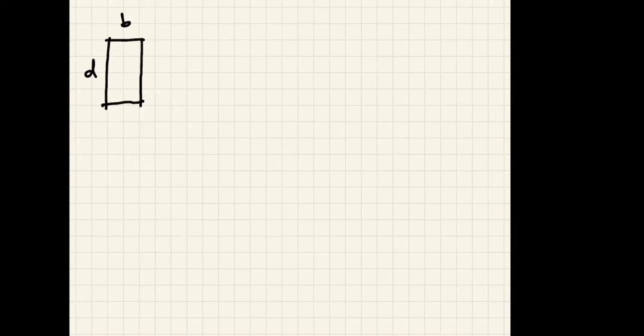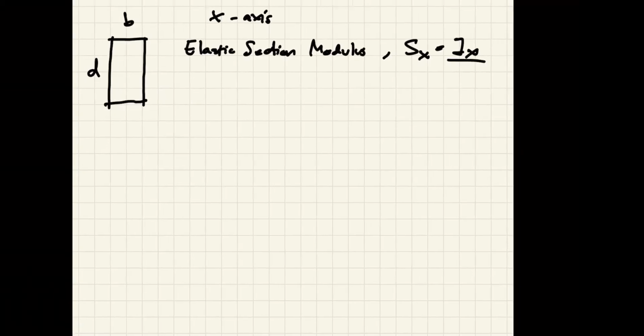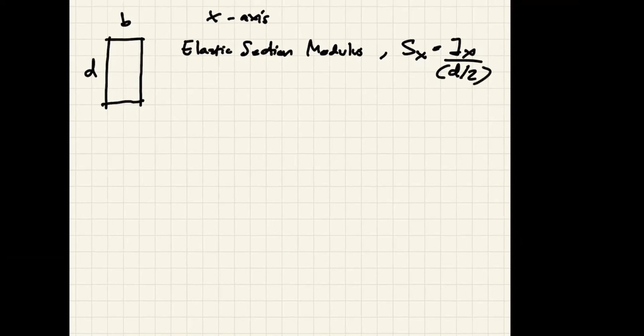Generally, let's focus on the x-axis. Now this one, the elastic section modulus or S in the x-axis can be calculated from Ix divided by C, which is D over 2 in this case, right?